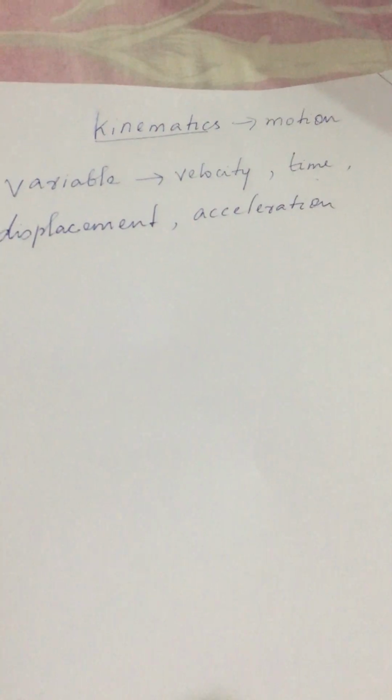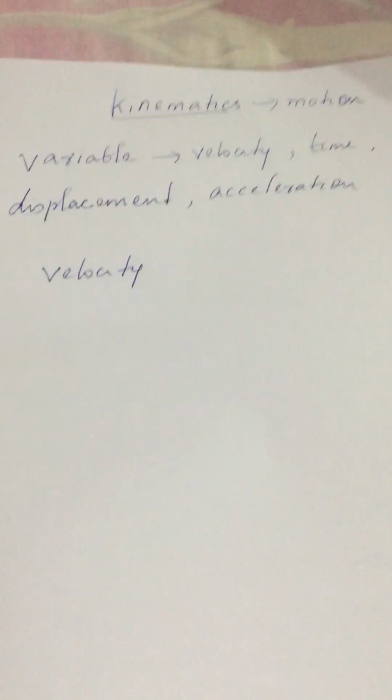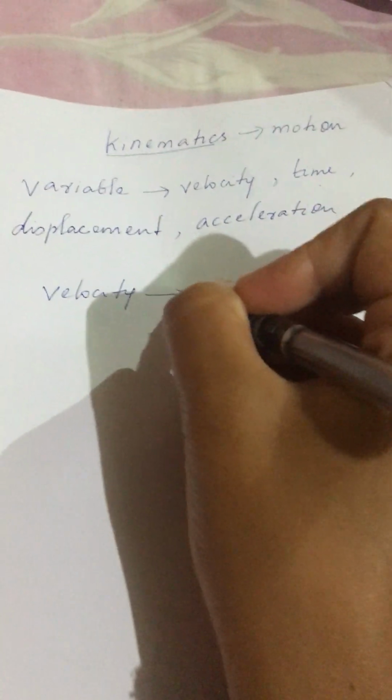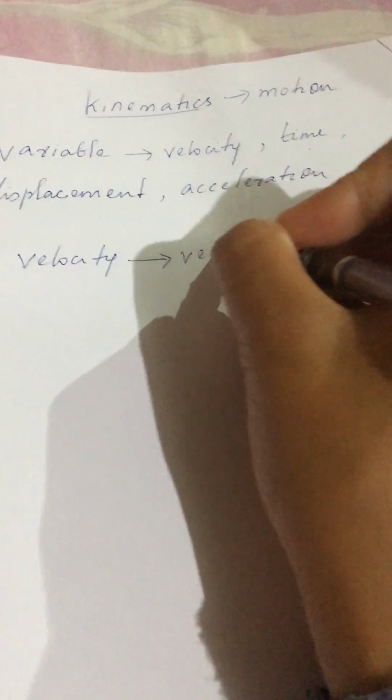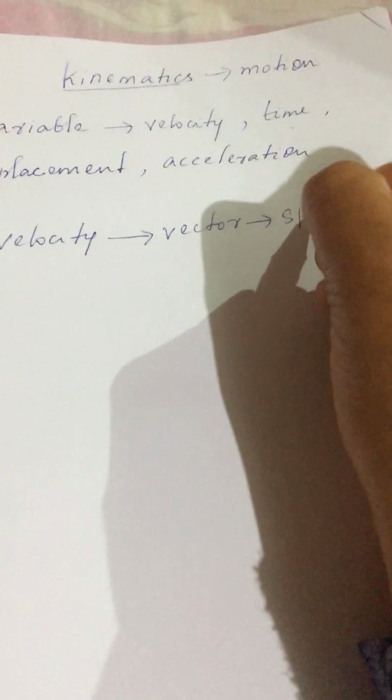See, there are minor differences between velocity and speed, and between displacement and distance. Velocity is how fast the body moves. The faster the body moves, the higher the velocity. The slower the body moves, the lower the velocity. But whenever we talk of velocity, it is a vector quantity, and velocity is speed plus direction.